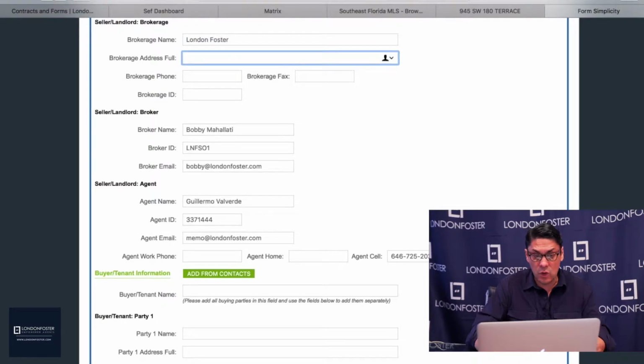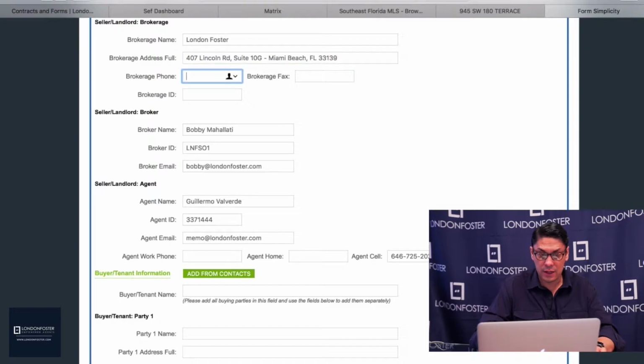It's going to ask you London Foster's full address, which is 407 Lincoln Road, Suite 10G, and this is in Miami Beach, Florida 33139.